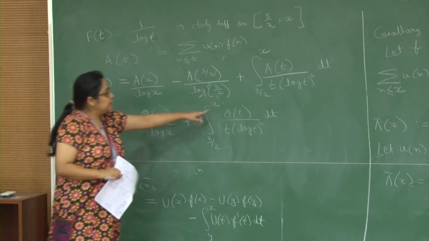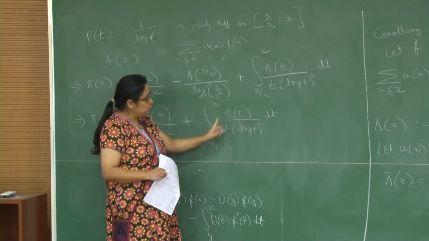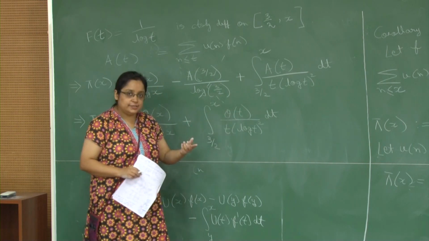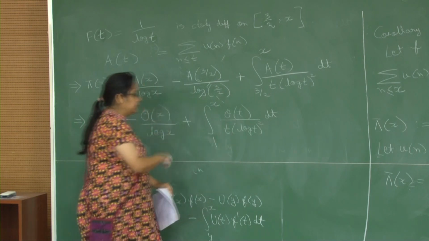And in fact, because for t less than 3 by 2, this theta of t is just 0, you can in fact just replace the lower limit with 1, it does not matter.